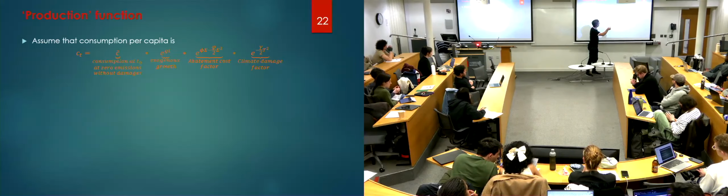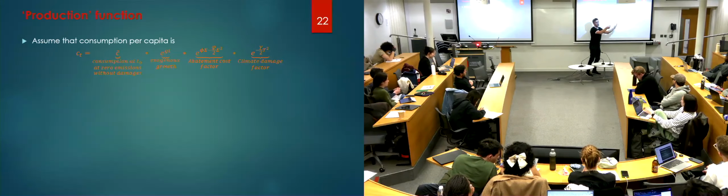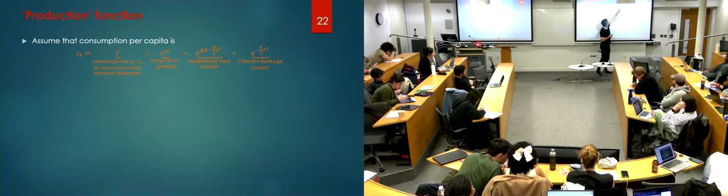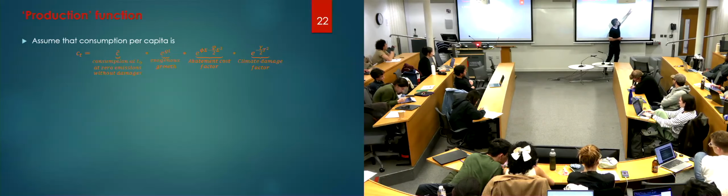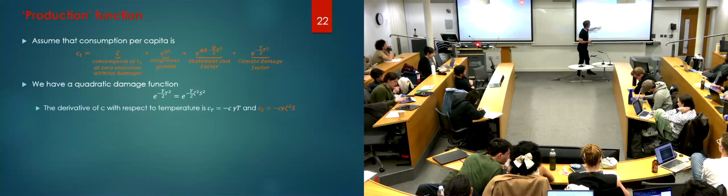Then we have this function, I'll come back to this. This is the abatement cost factor. The more we abate, the less we consume. Or differently, the more we emit, the more we consume. And this is just quadratic temperature, so this gives you this convex damage function. Yeah, I'll come back to this.